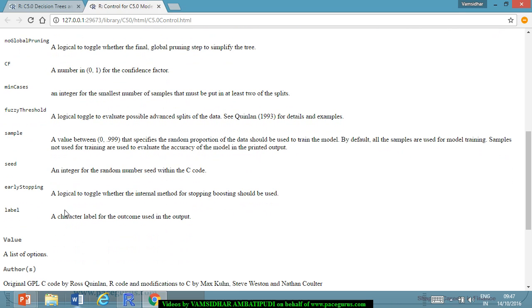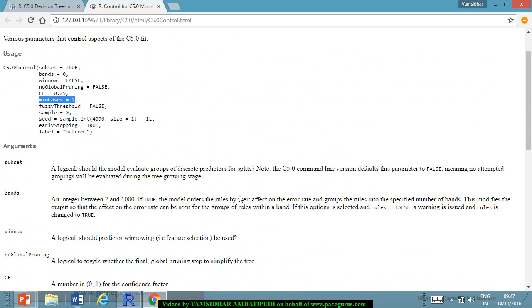Early stopping, a logical to toggle whether the internal method for stopping boosting should be used. So should I give an early stopping? By default, yes, it's already set to true. So the default one already stops when all the variables belong to the same class, or if there are no more features based on which the tree can be split.